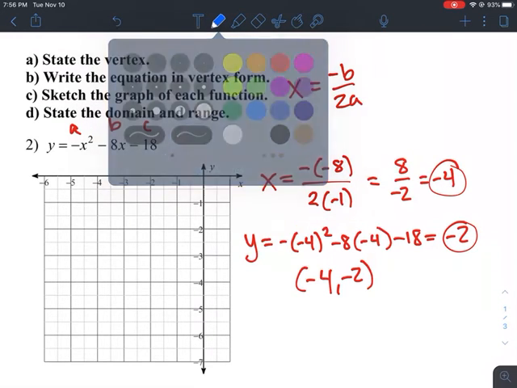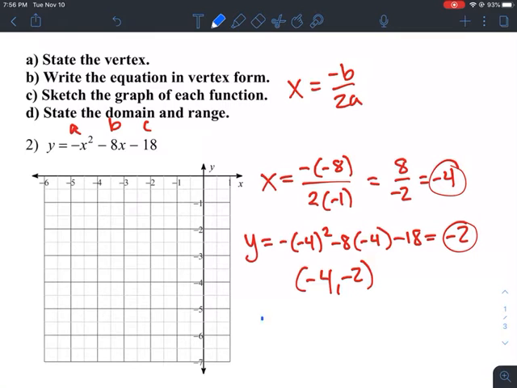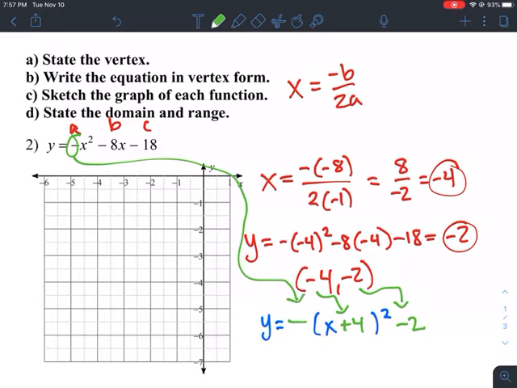For writing it in vertex form, here's the outline of vertex form, and then I just put the numbers in. So the x goes with the x, but I flip the sign. The y goes at the end, and then whatever A is goes in front.